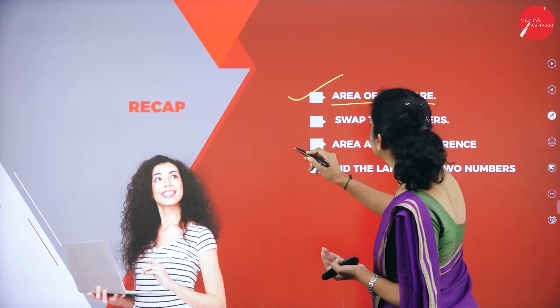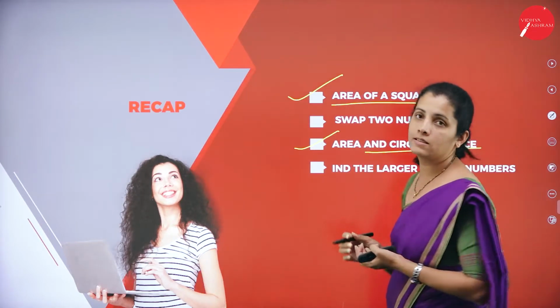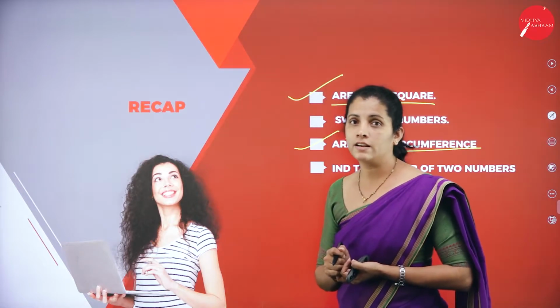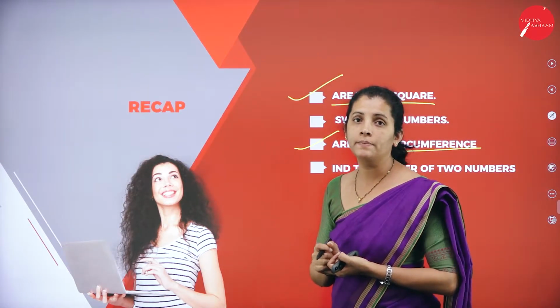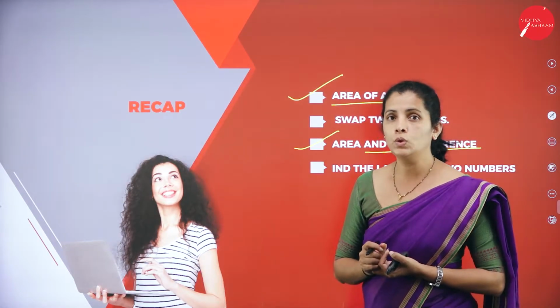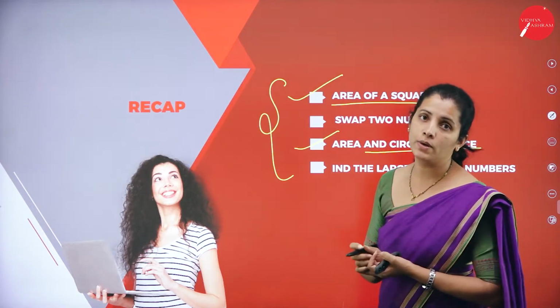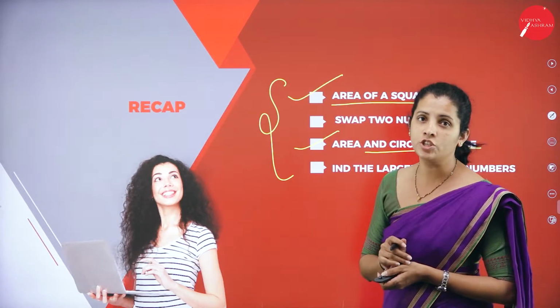Then we discussed area and circumference, that means how to calculate the area as well as the circumference. And at the end, we discussed how to find the largest of two numbers. These are the four different algorithms and flowcharts we discussed in my previous session.